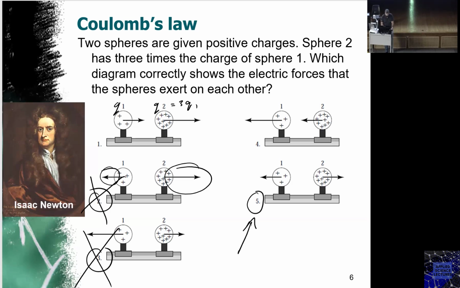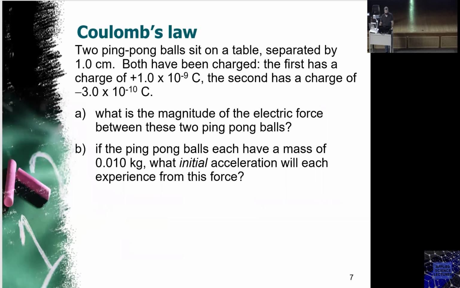So let's move on to this example. In this example, we have two ping pong balls that are set on a table separated by 1 centimeter. Both have been charged. The first has a charge of 1 times 10 to the power minus 9 Coulomb, positive. So the first ball is positively charged. The second has a charge of minus 3 times 10 to the power minus 10 Coulomb.